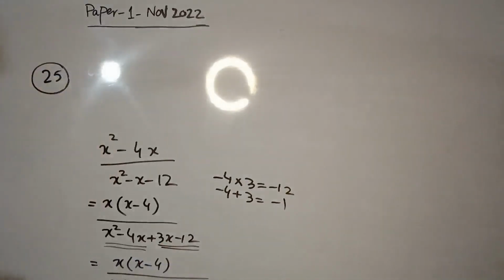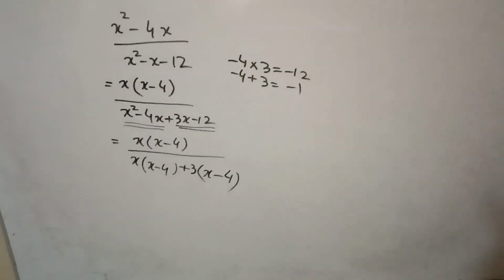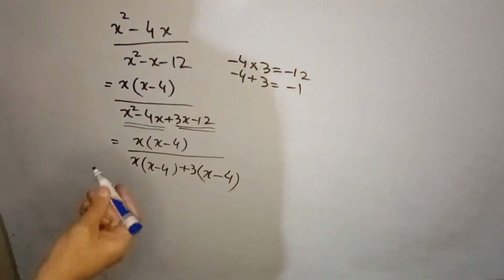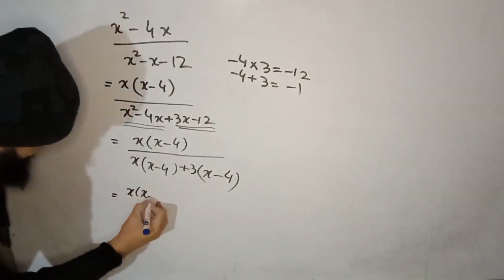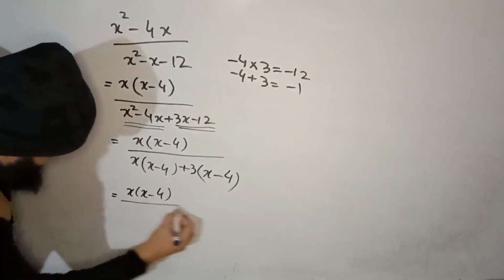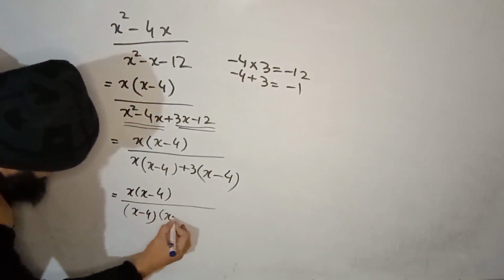Again, x minus 4 is common in both, so it can be written as x into x minus 4 divided by x minus 4 into x plus 3.